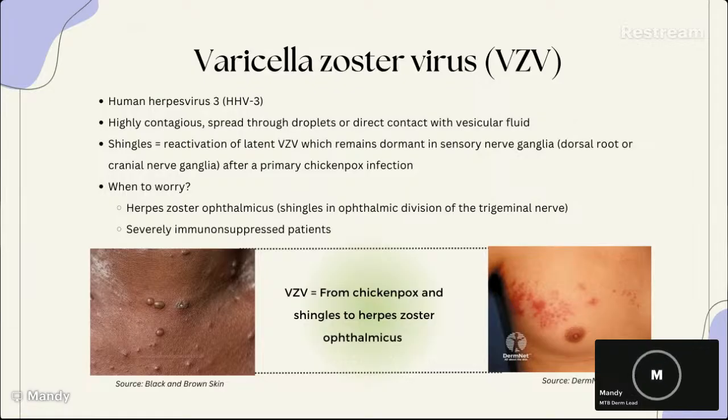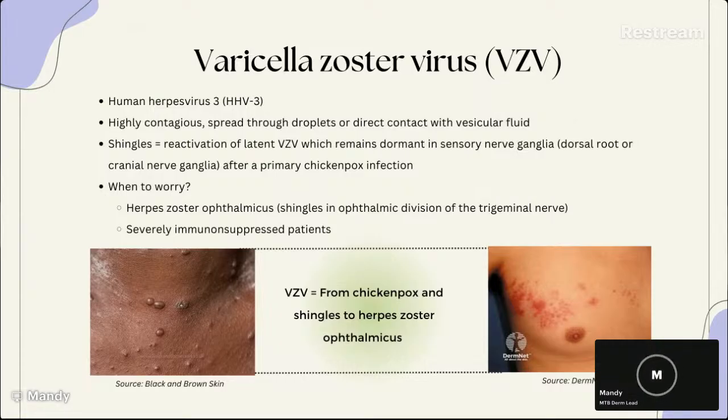If you look at the images below, we can see how often we would see these lesions. I've written VZV from chickenpox and shingles to herpes zoster ophthalmicus. You will commonly see, with chickenpox and shingles, these vesicles within the dermatomal distribution. Sometimes they look slightly different depending on the skin tone.